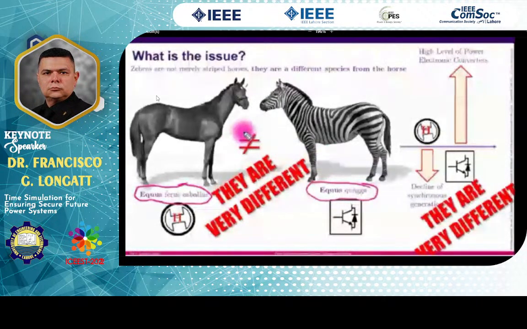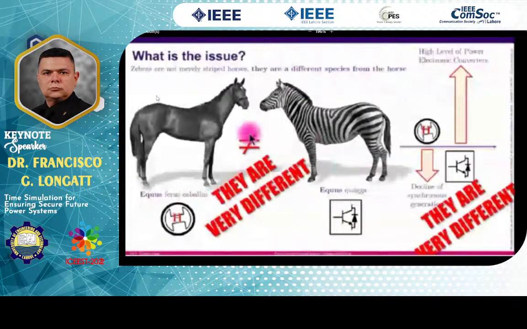Zebra and horses, they look similar. They have four legs, they have a tail, they have two ears, they have two eyes, they have a nose. They look similar. But this beautiful guy on the right-hand side has white and black stripes. And they look similar, but they behave extremely different.